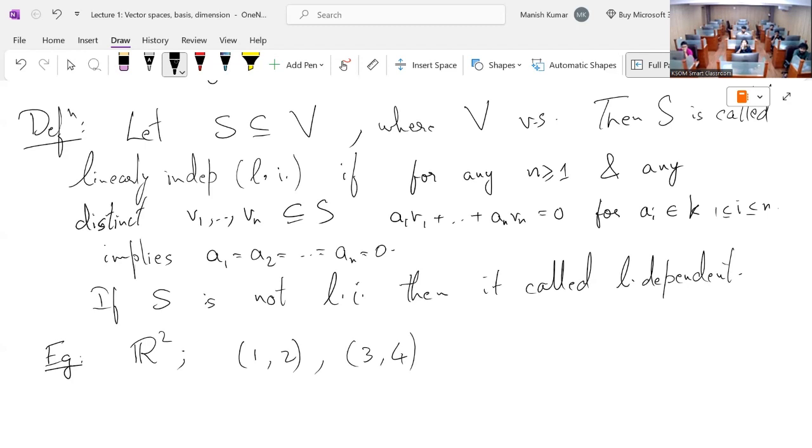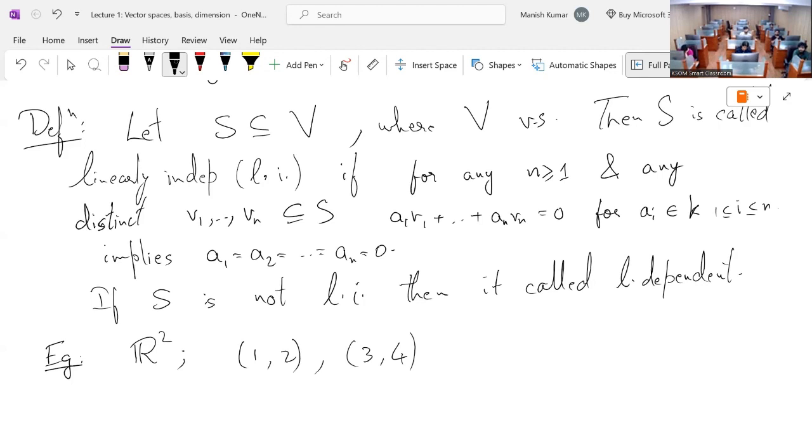So is this set a linearly independent set? Maybe one of you can answer. Yes, it is a linearly independent set, right?